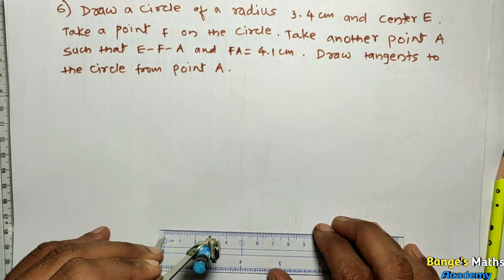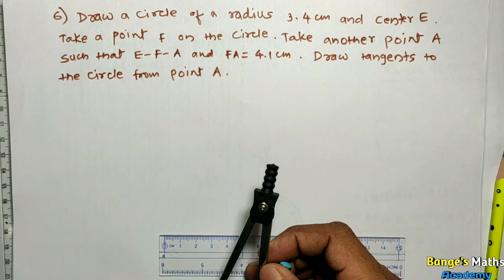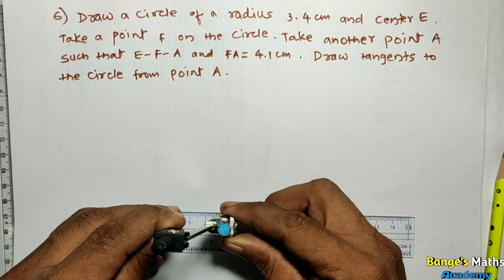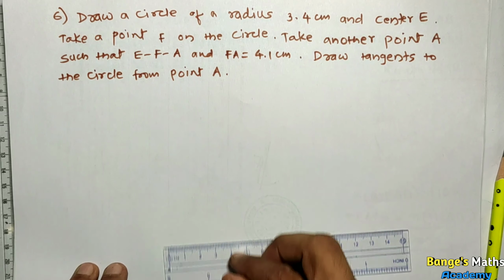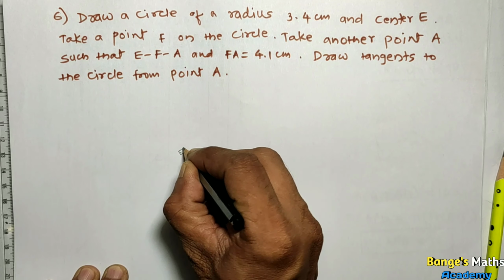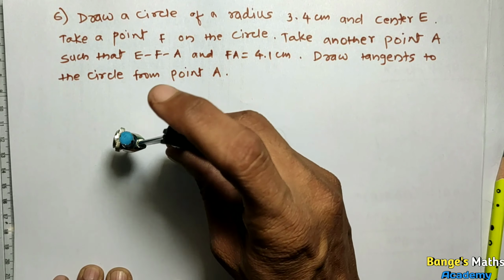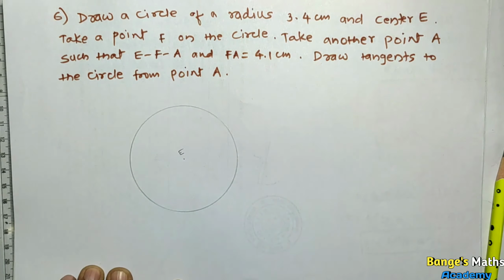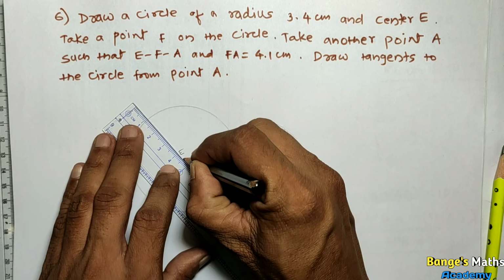Then take distance 3.4 centimeter in your compass, and center of the circle is E. E as the center, draw circle with radius 3.4 centimeter. Radius of the circle is 3.4.